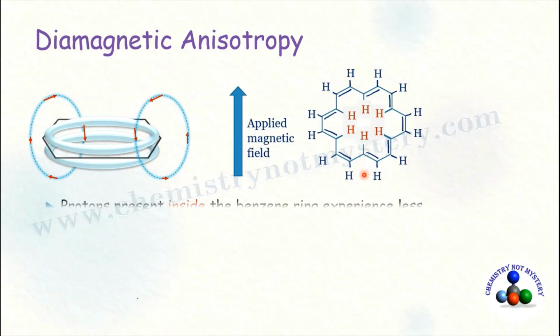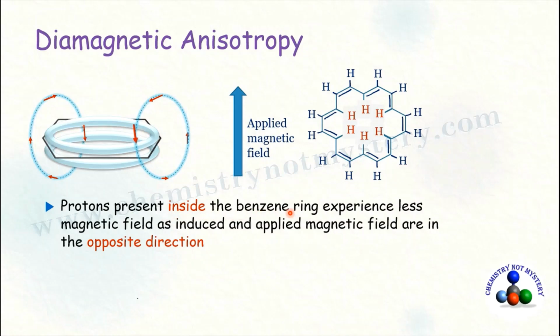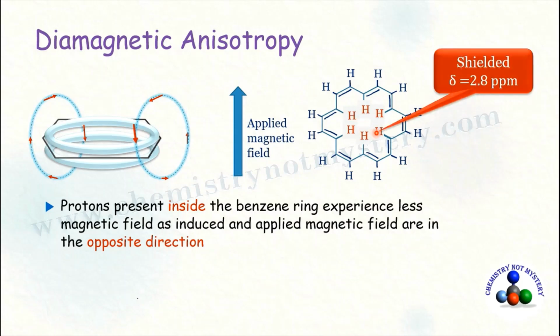As we just discussed, protons present inside the benzene ring experience lesser magnetic field as the induced and applied magnetic fields are in opposite directions. So similarly, protons present inside the annulene will also experience lesser magnetic field. So such protons are shielded protons and their signal will occur at a lower delta value. It is almost equal to 2.8 ppm.